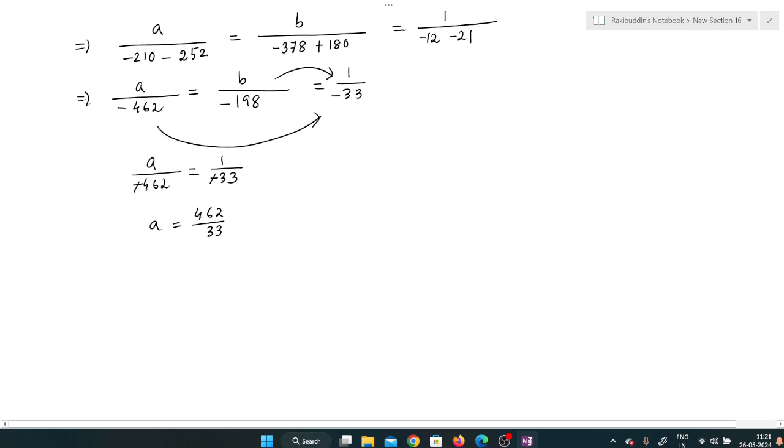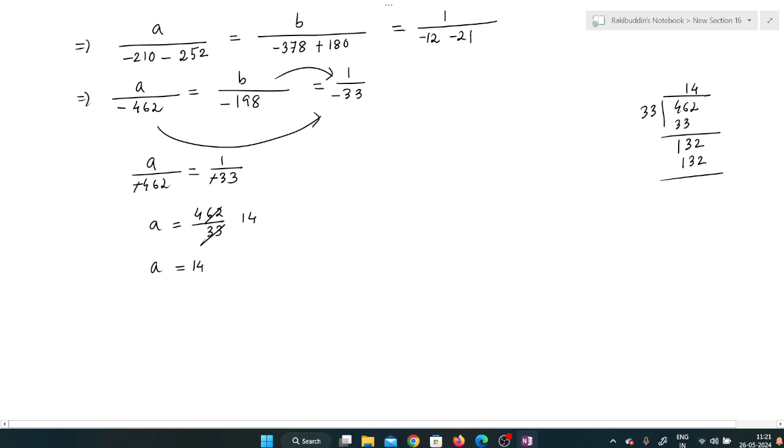Let's divide and see. 462 by 33, 33 ones are 33, 6 minus 3 is 3, 2 132. 33 4s are 132. That means this will be 14. A is equal to 14.